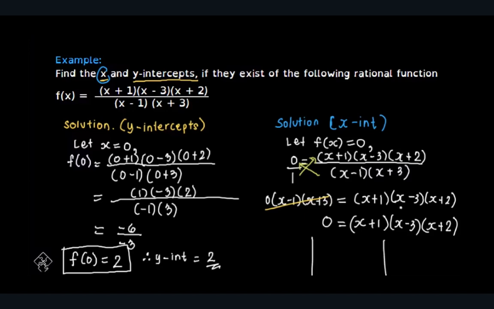Okay? So, the first x-intercept, when we remove the others first, what remains is x plus 1 equals 0.